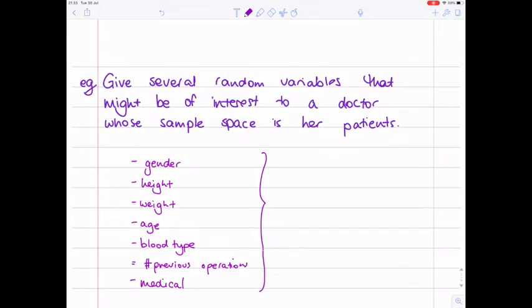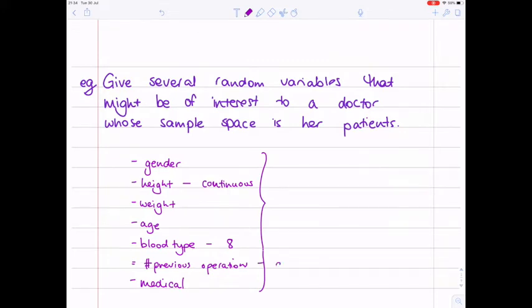For example, our height is coming out as a continuous variable, whereas, for example, blood type is going to be one of 8 possible things. It's not continuous, it's discrete.